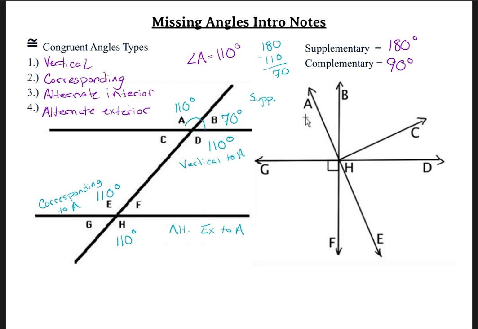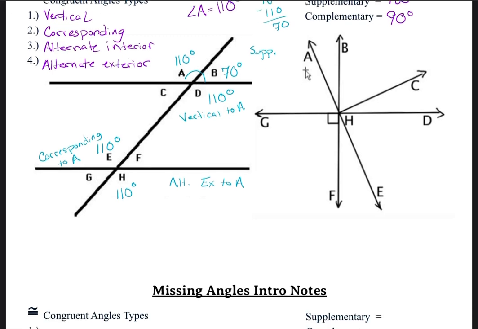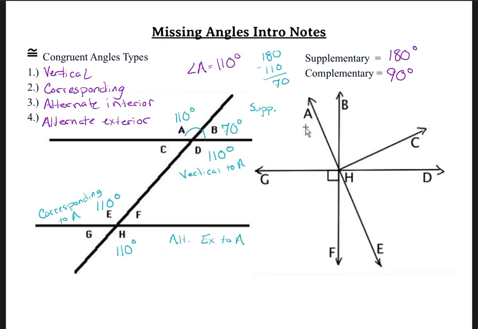Now I can use my congruent angles once again, but now going from B to solve everything else. So angle C is vertical to angle B, and they are congruent. So angle C is also going to be 70 degrees. I'm just going to label that over here. It is vertical to B. That's how we got that measure.